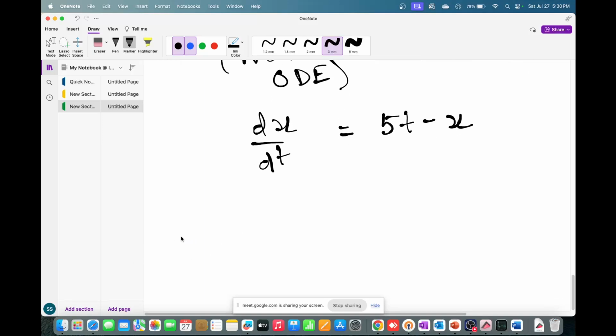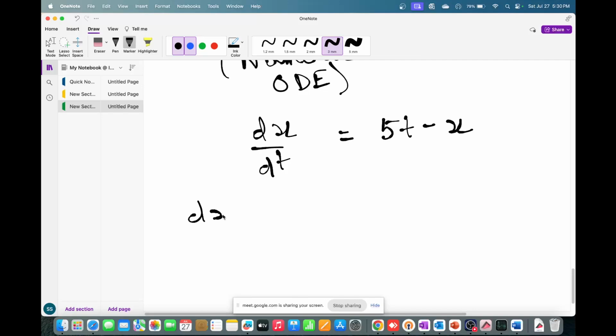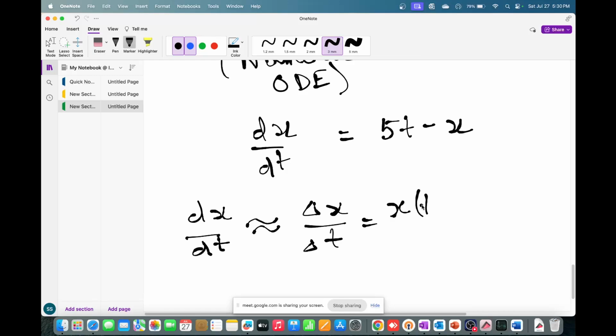So let's go to the definition of Euler's method. Euler's method is given by dx/dt, which is approximately delta x by delta t. What it actually means is x at t plus delta t minus x at t. So that is what delta x means, and delta t remains delta t.